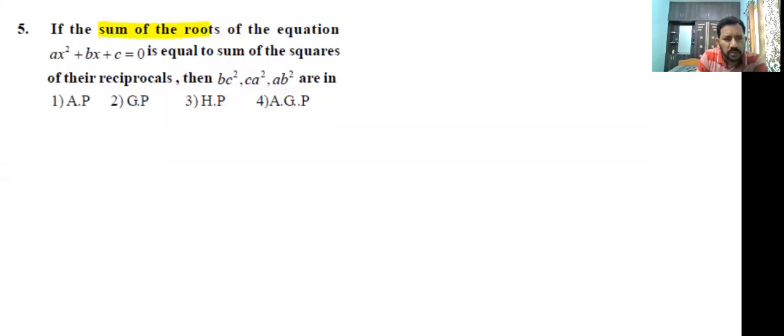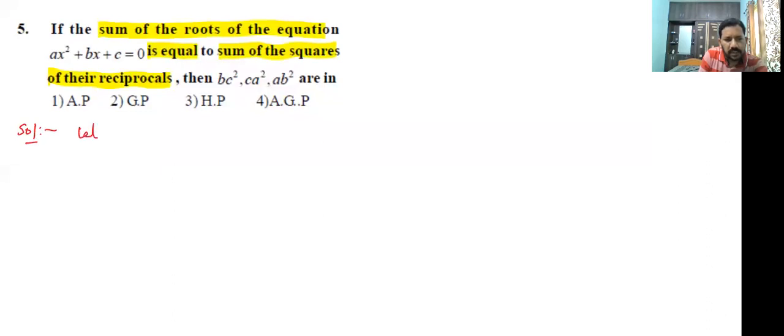Sum of the roots of the equation is equal to sum of squares of their reciprocals. Now, suppose we can take like this.